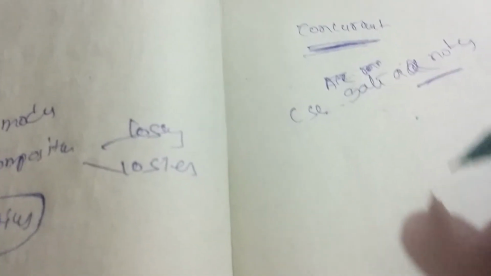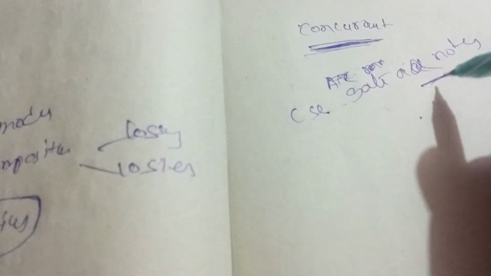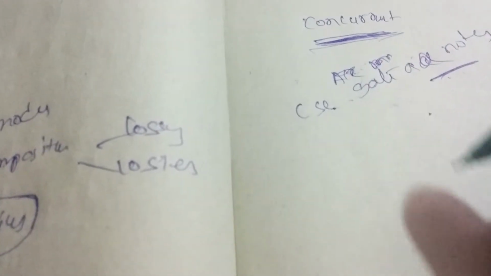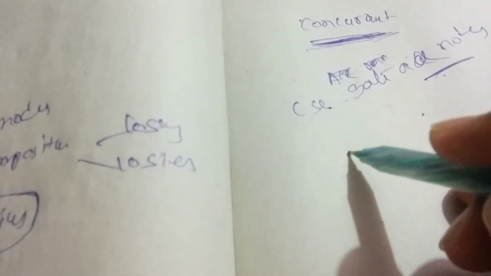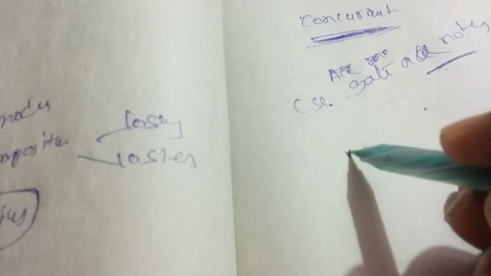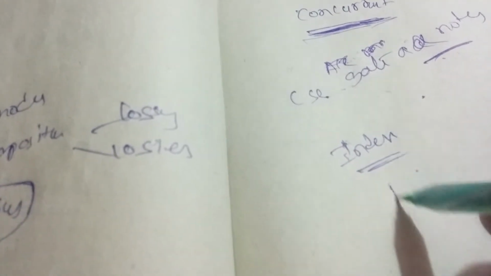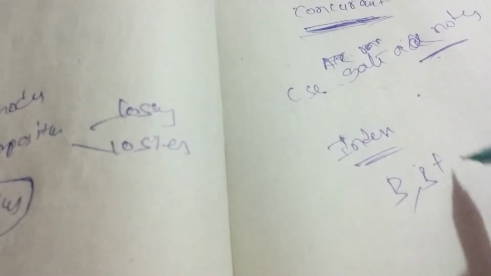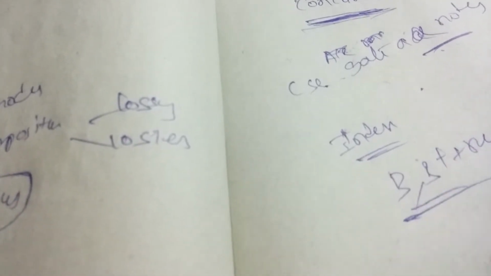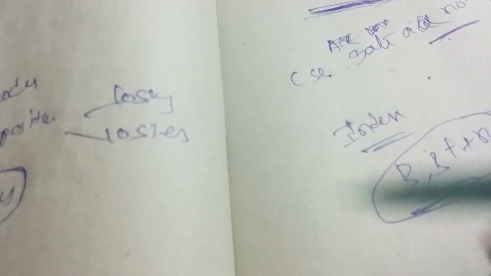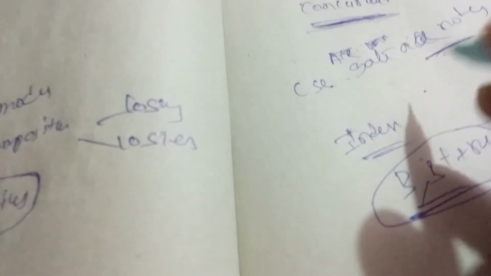You have to read the textbooks. That's where you can learn this. And a little bit about concurrency, and then we need to learn about indexing: single level indexing and multi levels like B trees, B plus trees. You should learn about these M-way search trees so that you will be very good with the syllabus.